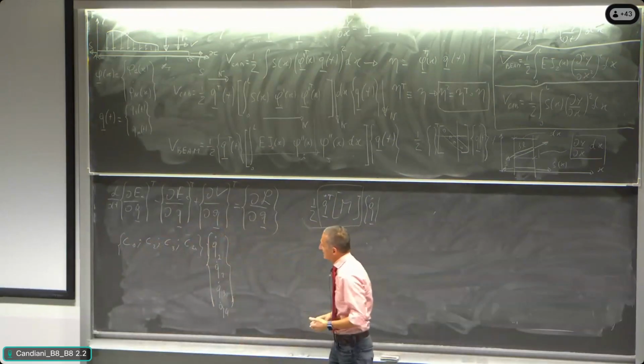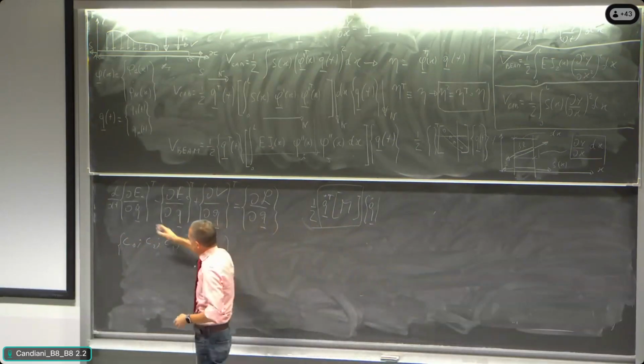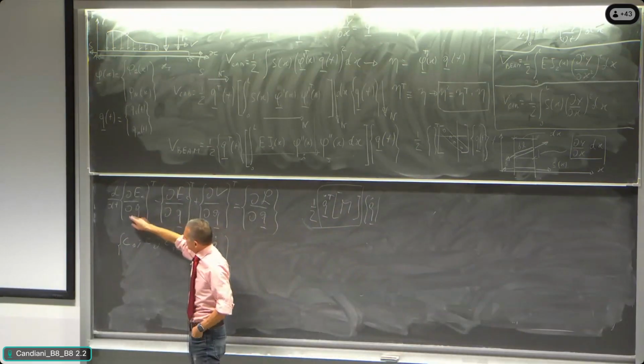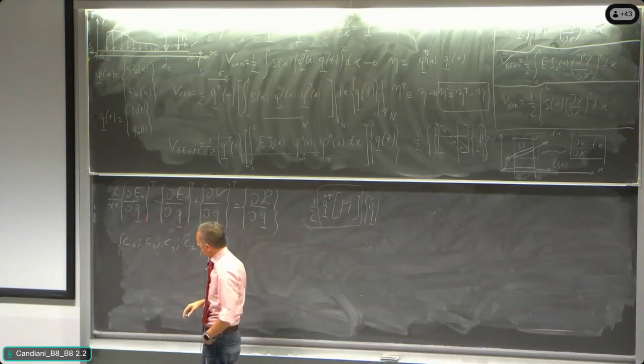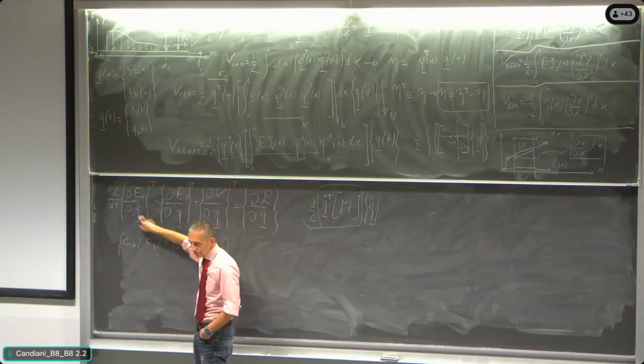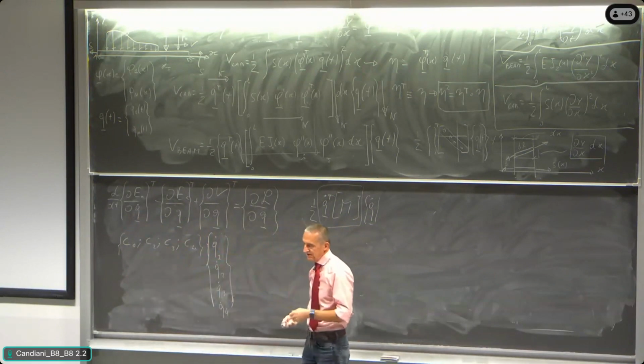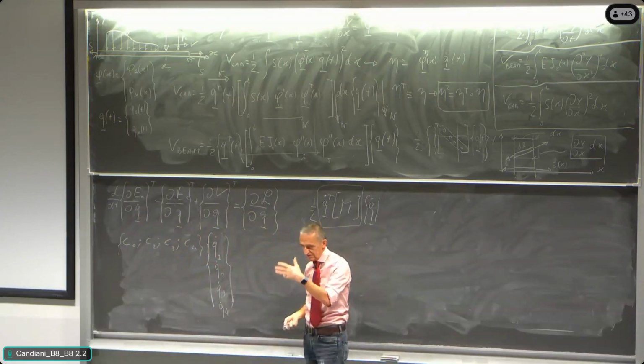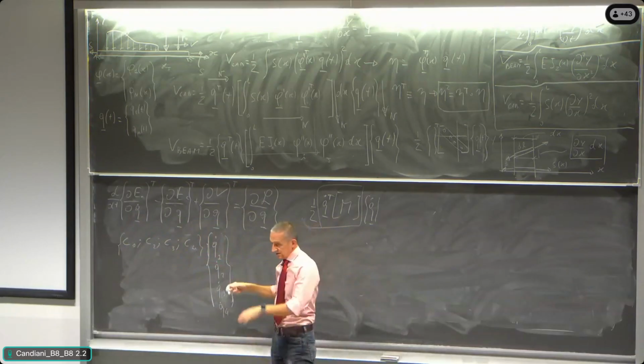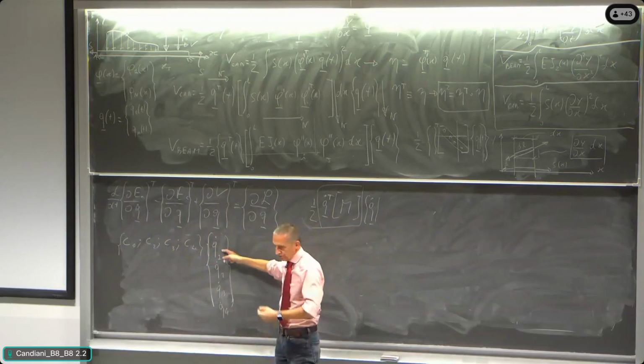When we write the partial derivative with respect to the vector q dot, we are saying that I write an object made by 4 objects: the derivative with respect to q dot 1, which is what?